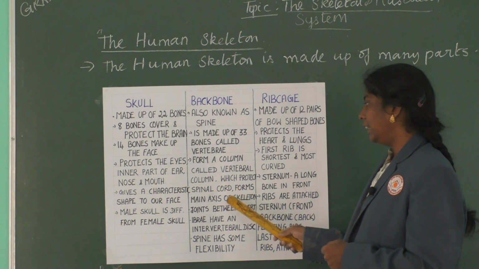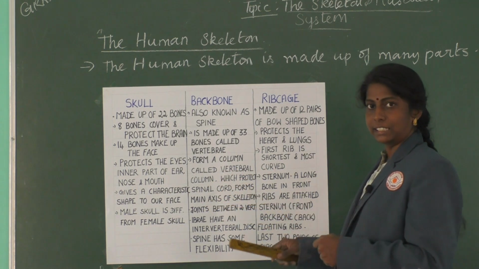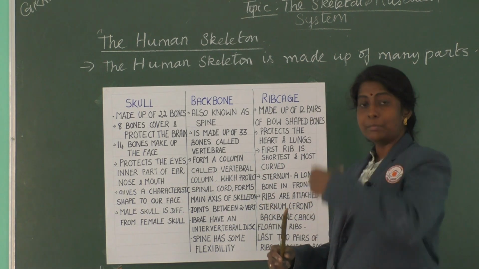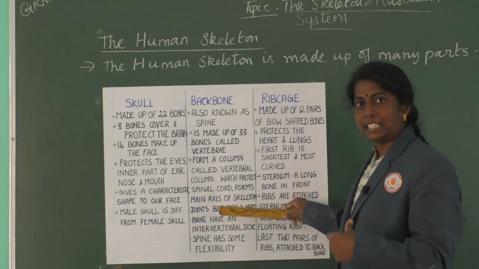Clear? And this vertebral column forms the main axis of the skeleton, acting as the main pillar of the skeleton.